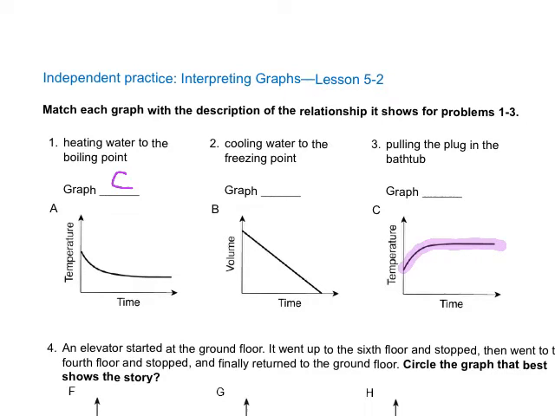Cooling water to the freezing point, well, you probably can guess that that's going to be this one, where the water's cooling and then freezing. So that's graph A. And then number 3, pulling a plug in the bathtub. Well, if I pull a plug in the bathtub, the water volume is going to go down at a pretty steady rate. So best choice there is B.